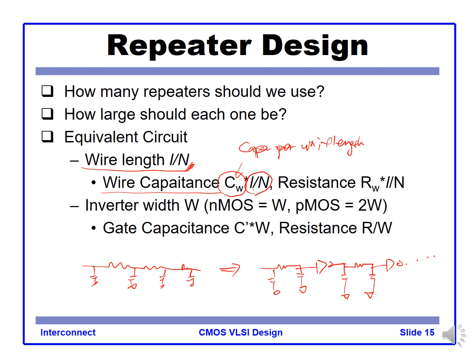The wire resistance is likewise L over N times the resistance per unit length.